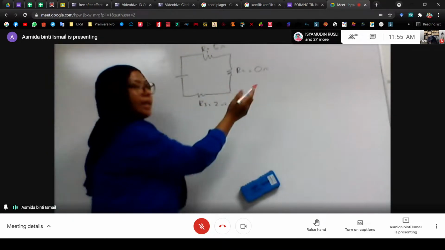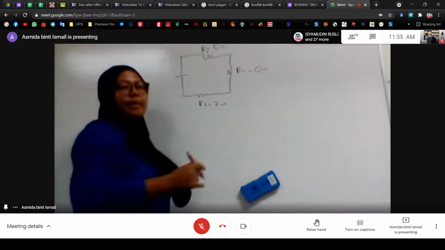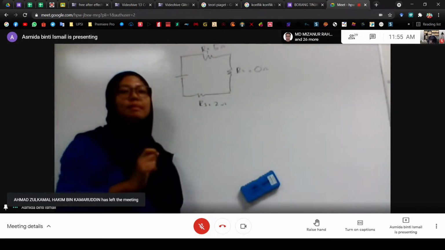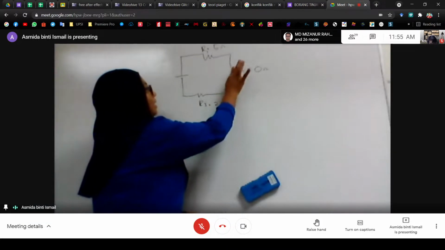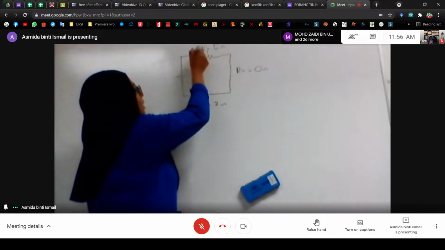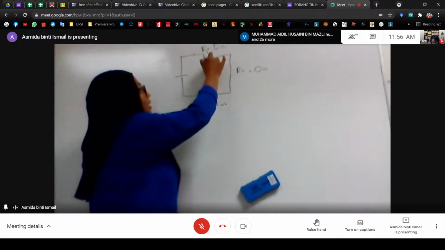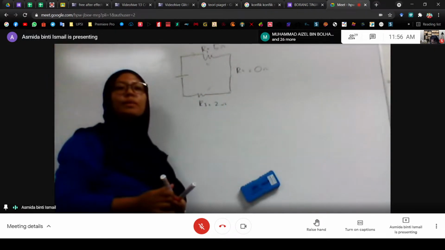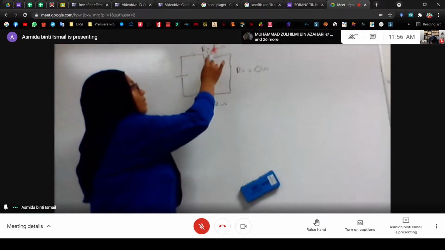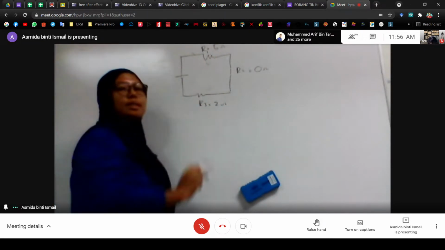If your series circuit, this one is 0 ohm. Okay. It's okay. Dia tak short. Okay. So means that it's just only a wire here. So your current akan flow through this. So dia akan consider this one and this one je lah as your resistance. Okay. So if you put 0 ohm, 5, 0 and 2, sama je lah. Macam wujud ni yang ni wujud.